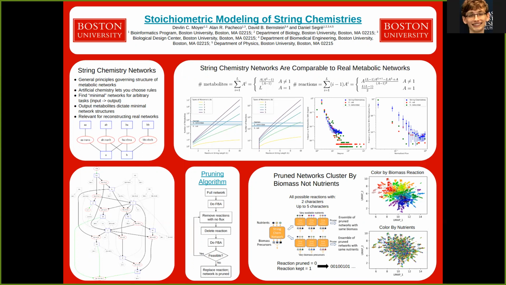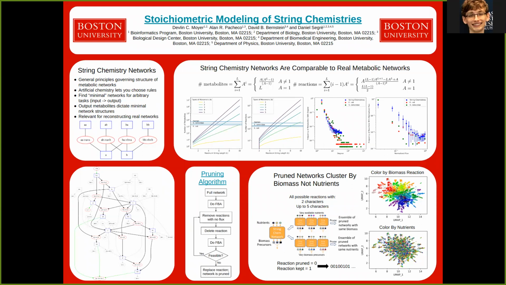One thing to note about these networks is that the size of these networks is completely governed by 2 things. How many different kinds of monomers or characters are you allowing? In the case of this network we see here, there are 2 kinds of characters, A and B. And how long do you allow strings to be?